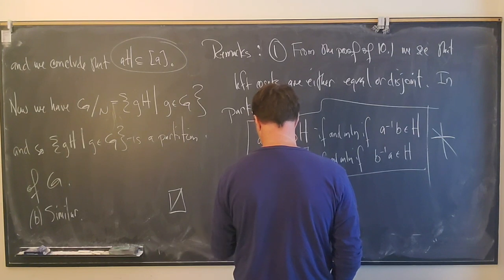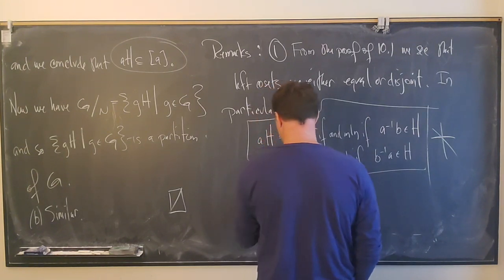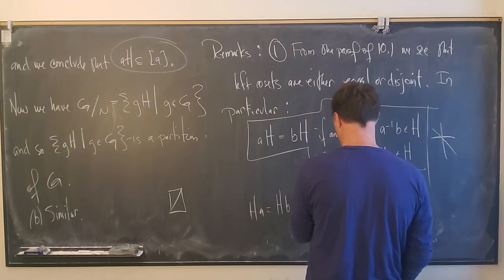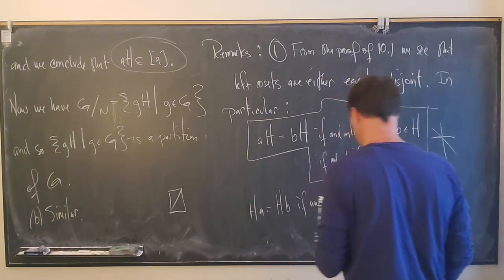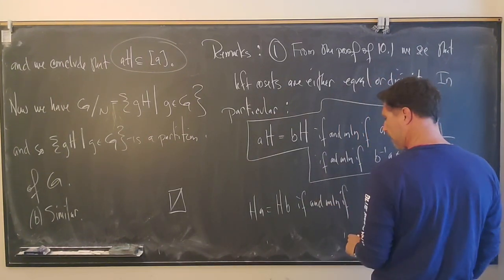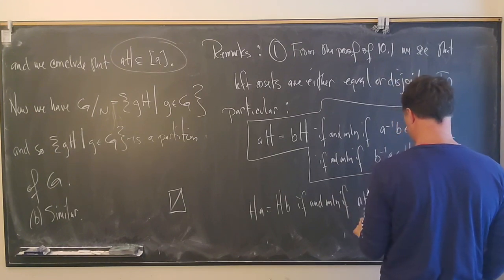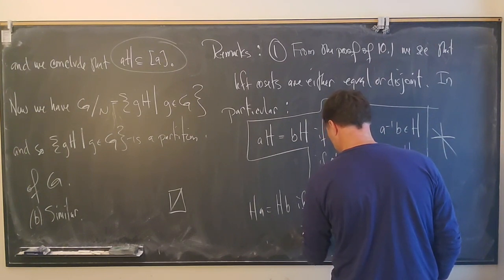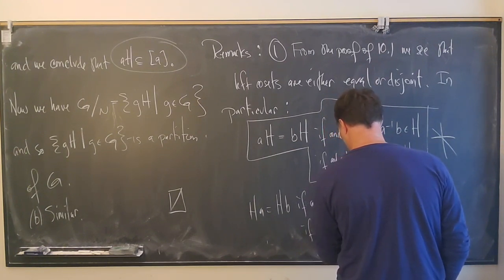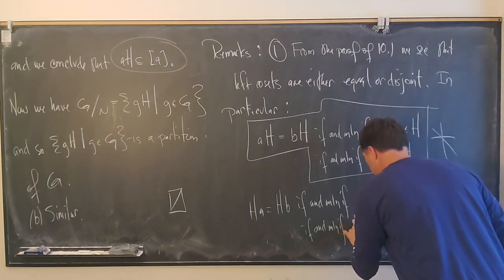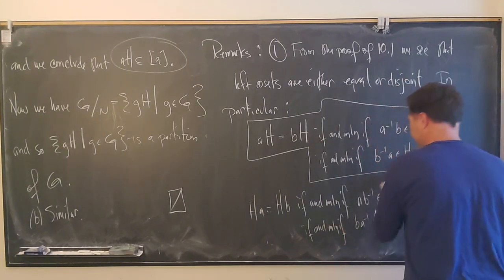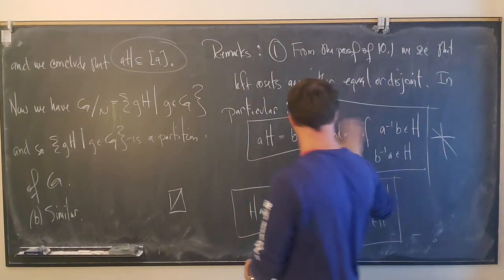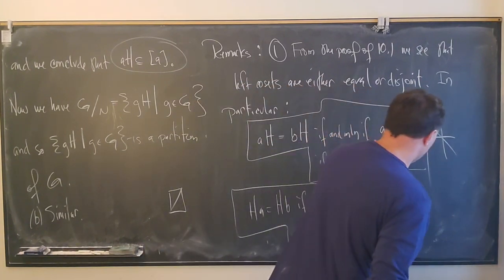Let's write it down: Ha equals Hb if and only if a b inverse is an element of H, if and only if b a inverse is an element of H. We tend to work with left cosets more often than right cosets, so I focus on this one, but both of these are things that you need to be able to do.